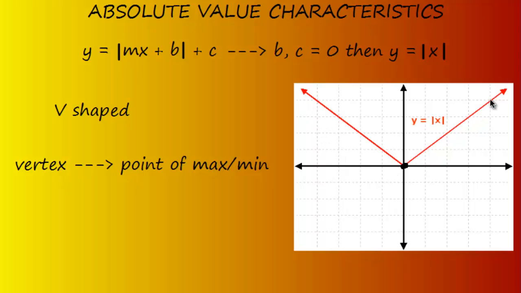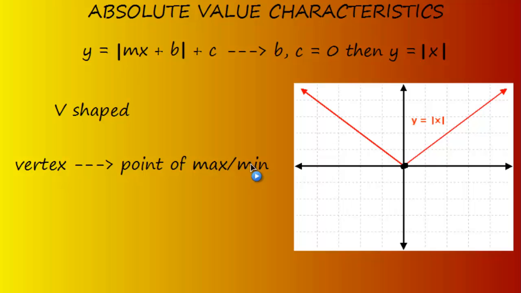When we apply these to real-world situations, it's the max and the min point that we're usually very interested in, because we are often interested in what the maximum of something can be. What's the maximum profit? What's the maximum volume? What's the maximum perimeter? What's the maximum area? When we apply this to a problem that talks about those concepts, we want to know what the max is. Well, that means on the graph we'll be looking for this vertex point.